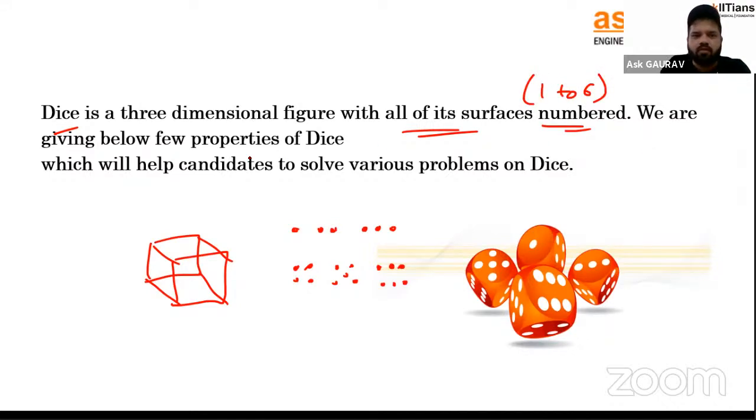We are given below a few properties of dice. There are certain properties of dice which we will discuss. First of all, what is dice? Dice is a cube. And what is a cube? A cube is a 3D figure of a square.